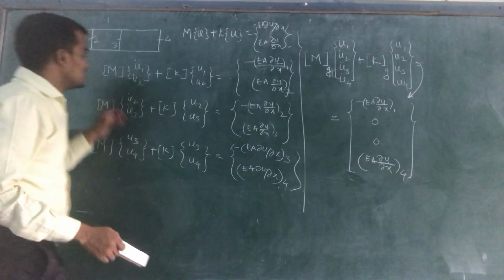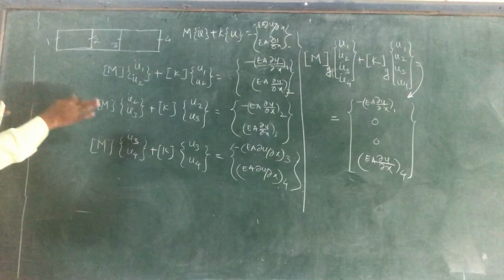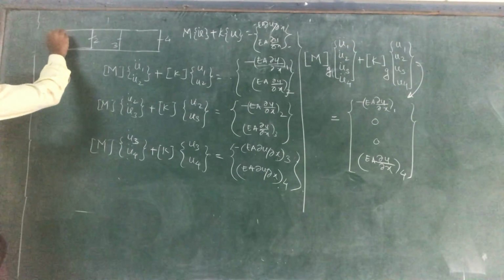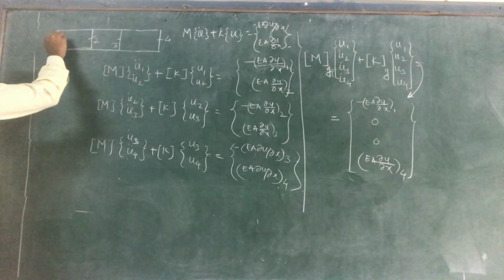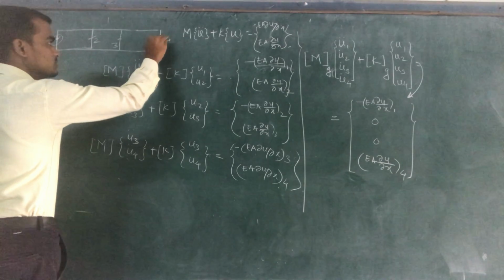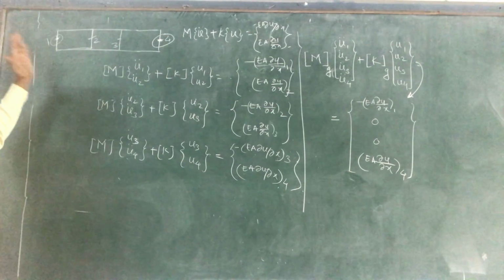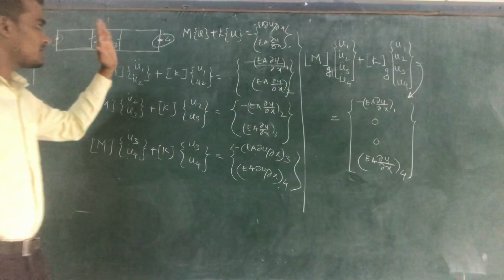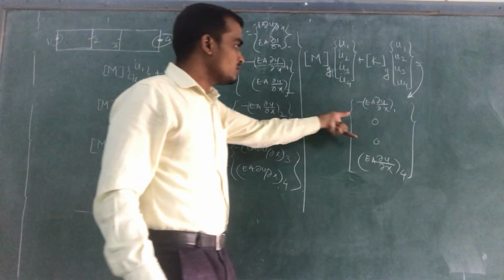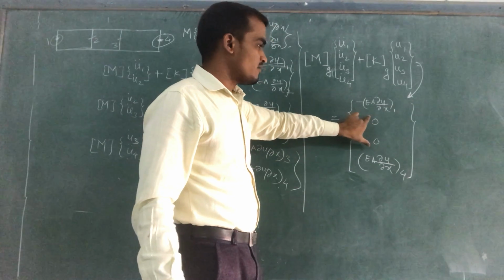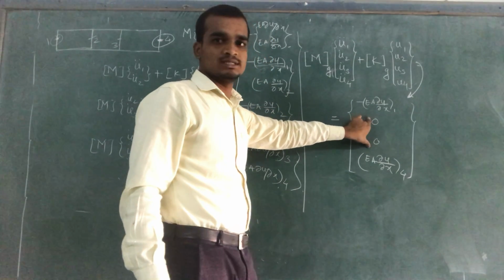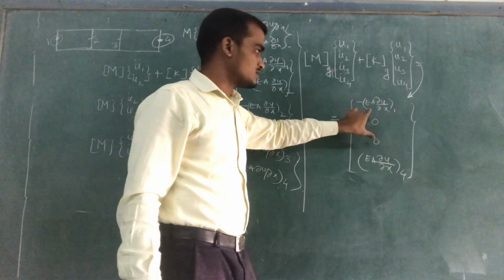That is, the first node and the last node, node 1 and node 4, and the boundary condition for the remaining nodes will become equal to 0. Okay, so this is the conclusion.